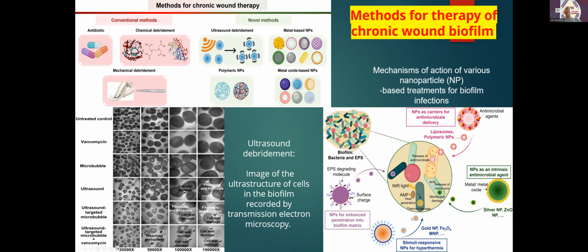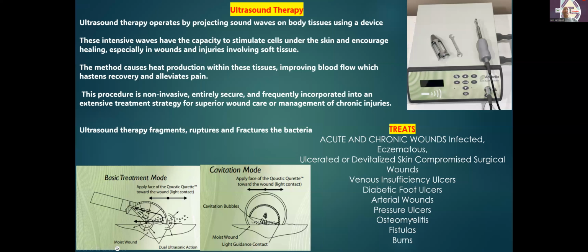So you have to understand that ultrasound therapy is a significant newer intervention that is being used at the bedside, at the point of care, wherein intense waves of ultrasound are applied, also applying the acoustic current towards the wound bed in a bubble cavitation production, wherein the ultrasound therapy can rupture and fragment the bacteria.